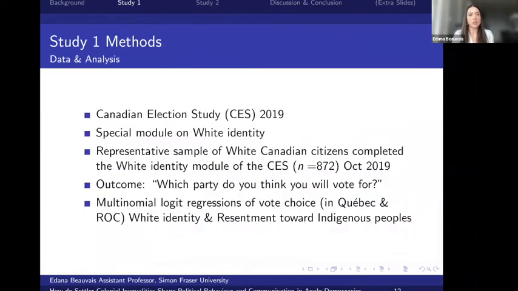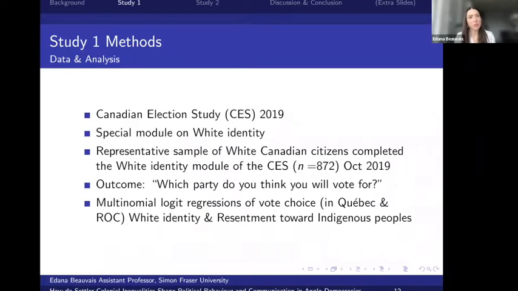Okay, with respect to the methods that I used for study 1, I used data that was part of the Canadian Election Studies 2019. I won a competition to include a special module on white identity. I ended up getting a representative sample of white Canadian citizens who completed the white identity module, as well as some other questions from the Canadian election study in October of 2019.